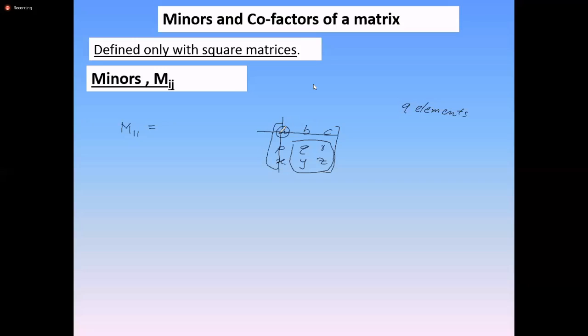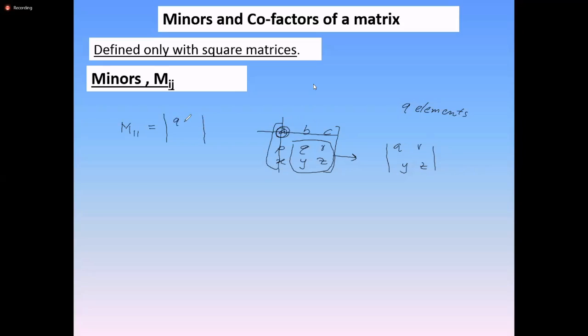If you delete the first row and the first column which belong to the element A, what are the remaining elements? That makes a 2 by 2 matrix, a second order determinant: Q, R, and Y, Z. That is the M11. It is a single value because it is a determinant.